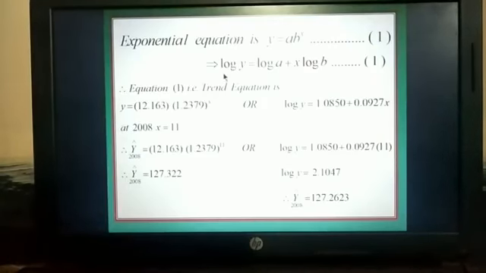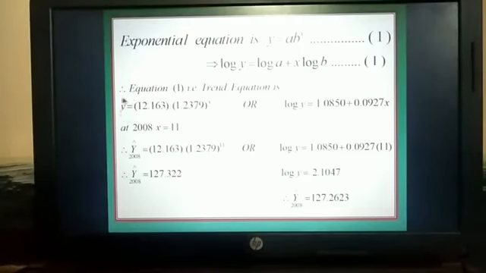Or else we can substitute here as the logarithmic equation also: log y as it is. Log A value was 1.0850 plus log B value was 0.0927 multiplied by this x. The trend equation can be any one of these two equations.